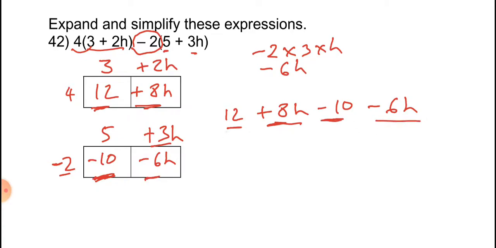So now we can collect like terms. 12 minus 10 is 2, and plus 8h minus 6h gives us positive 2h, plus 2h. Now for these questions, this might be the easiest way to do it. This would be my preferred method for doing this.